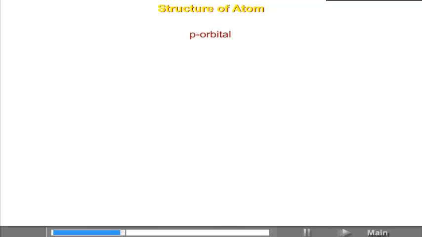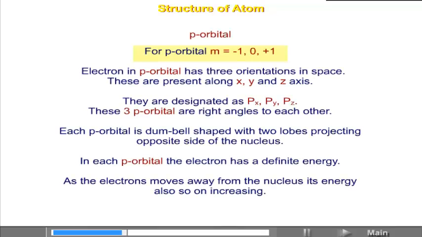P orbital. For p orbital, m is equal to -1, 0, +1. Therefore, an electron in p orbital has three orientations in space. These are present along the X, Y, Z axes. They are designated as Px, Py, Pz.